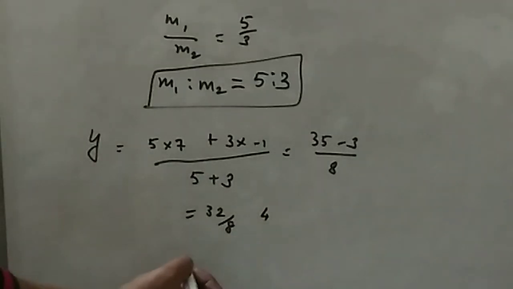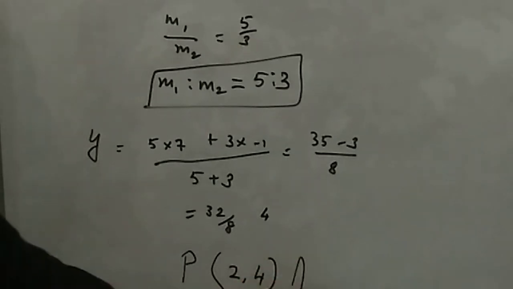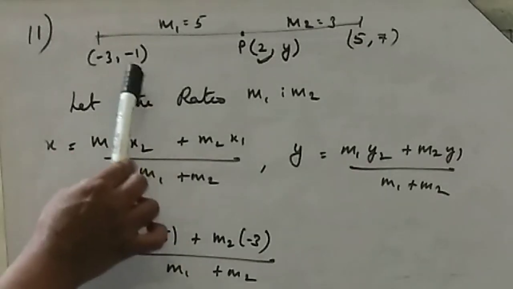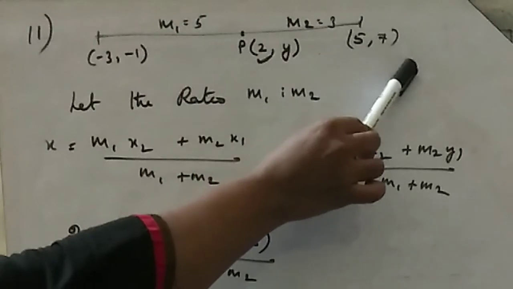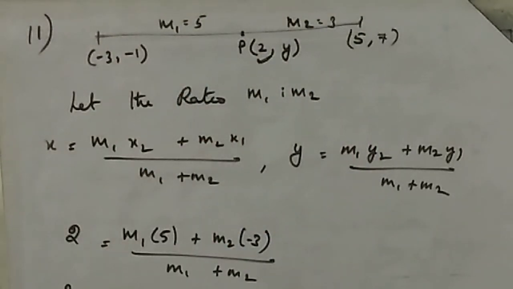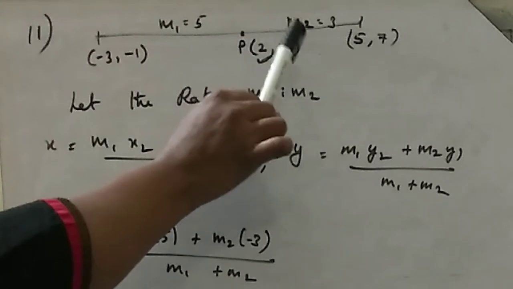Now, what do they ask? The point P. P is (2, 4). This is the answer. So first, given the line segment (-3, -1) and (5, 7) is divided by a point with x equal to 2, in the place of x you write 2 and in the place of y write y.